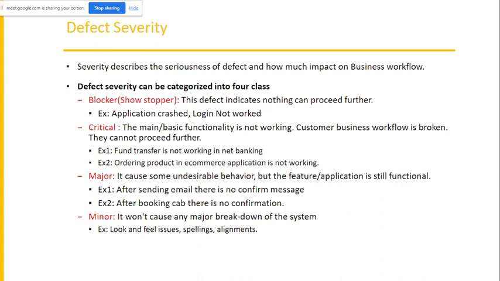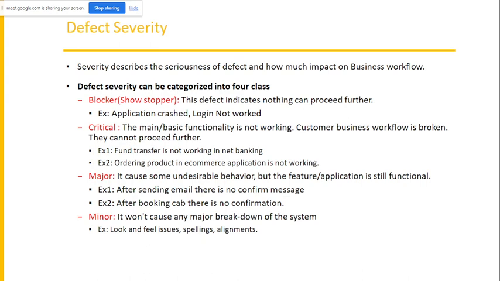Now, login not worked. For example, the Gmail application is there. In the Gmail application, the login functionality is not working. Tell me, Pooja, will you be able to log in successfully into the application? Will you be able to test the compose functionality, inbox functionality, sent items, drafts, starred, or important? No, sir.